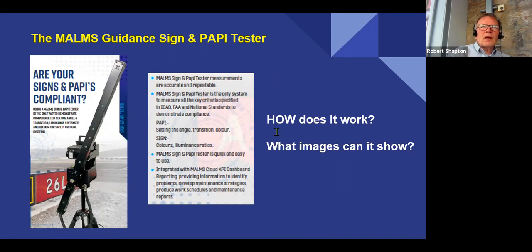It's a process that would take about 3 minutes per sign, and even quicker if you don't want to see the results instantly. It measures the luminance and the intensity ratios according to the methodology that Keith has outlined and specified in ICAO, FAA, and other standards. And it also measures the sign characters for compliance.